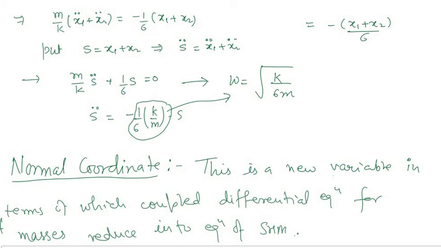So this problem, there were two masses of 3m and 2m. They were coupled by two different springs having the same spring constant. So that type of problem is called a coupled problem. So these types of oscillations are given by the normal coordinate oscillations.